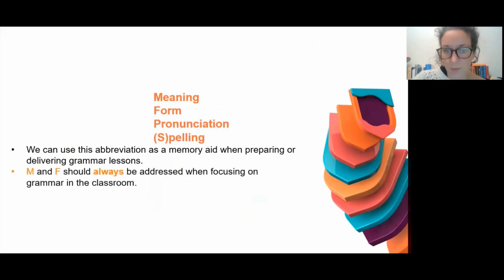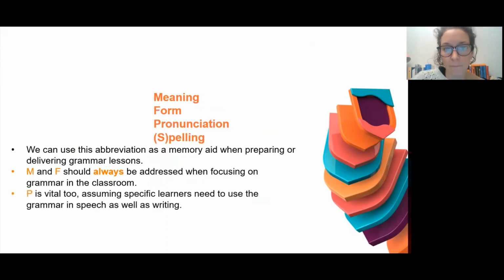We use these abbreviations, and what's important, meaning and form should always be addressed when focusing on grammar in the classroom. Pronunciation is also important, and can be worked through depending on the needs of students.